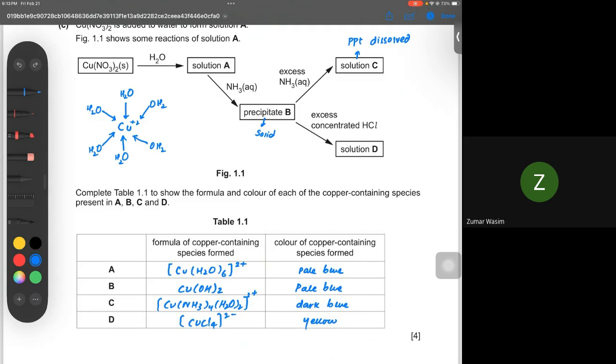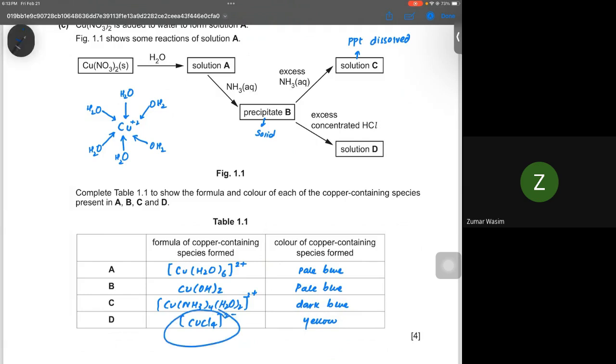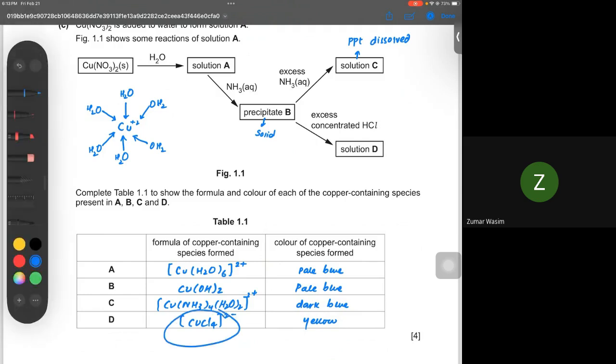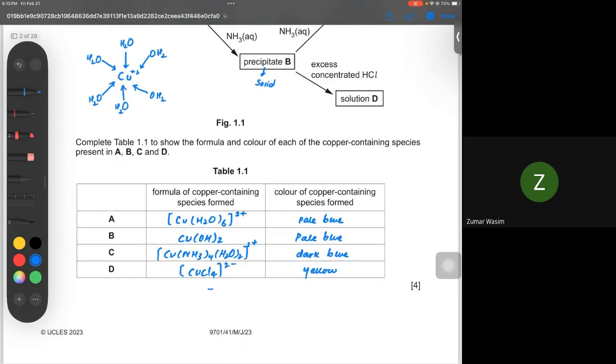So that's why you will see that 4 chlorines are attached there, and the overall charge is -2, because the copper is +2, and if you have 4 chlorines, each chlorine is -1. So -1, -1, -1, -1, that would be -4, and then +2, that would be equal to -2. That's the reason its overall charge is -2. Okay.